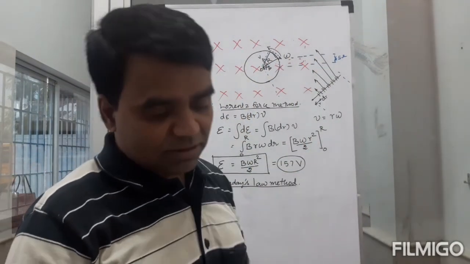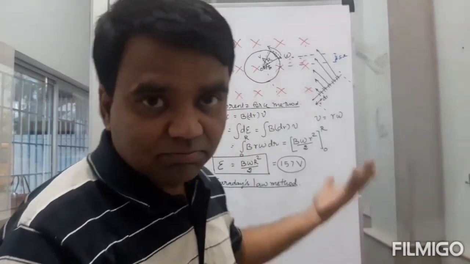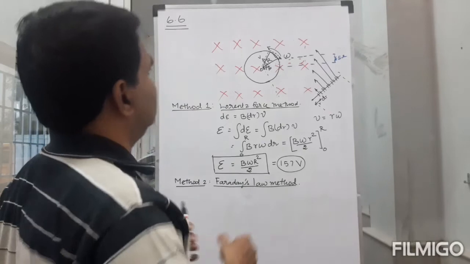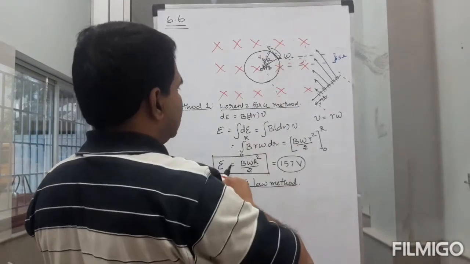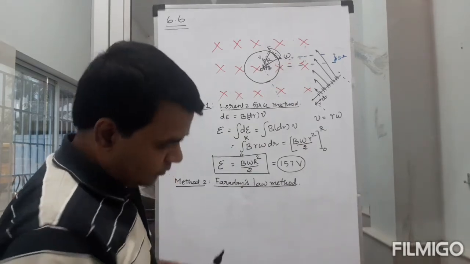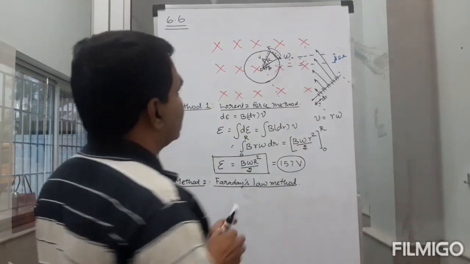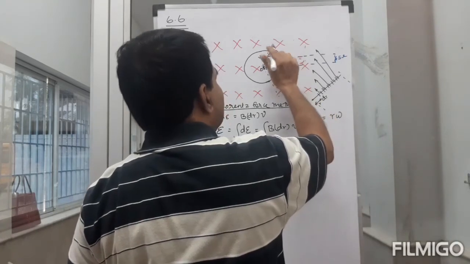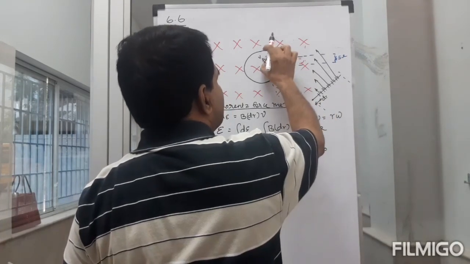So how much is the flux changing? That's what we need to see. What is the change in flux? Suppose this is the angle theta, and it has gone from A to there. So you have added this flux, so that is a change in flux, right?